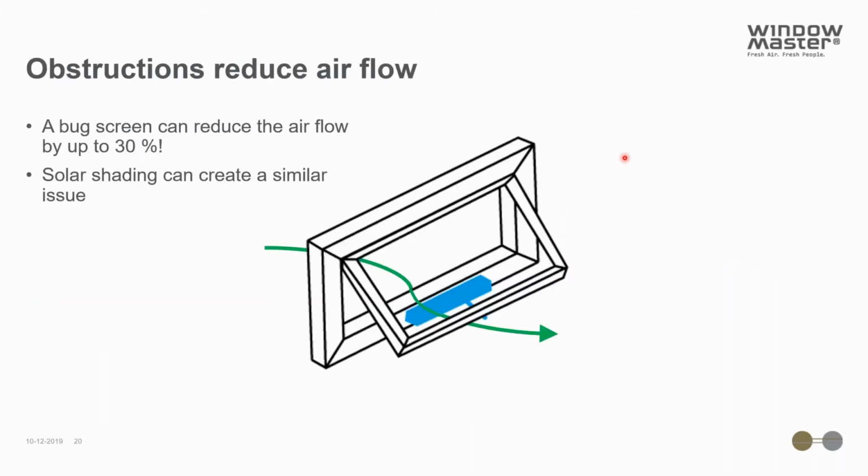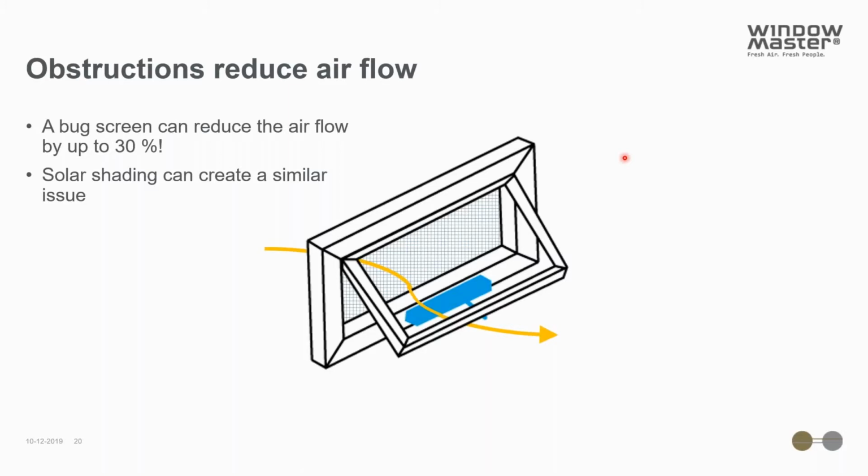Then when you calculate the required effective free area or geometrical free area, and you have found the necessary amount to achieve the performance you want, then if you suddenly implement something like a box screen, it can really reduce the airflow going in through the window.